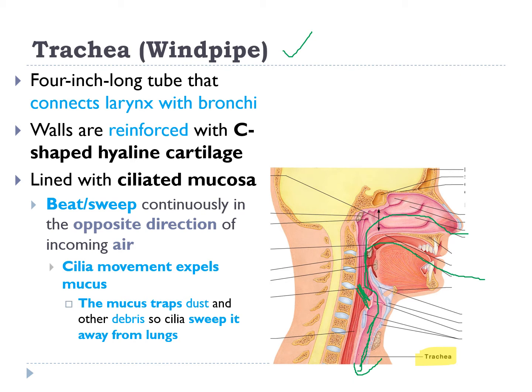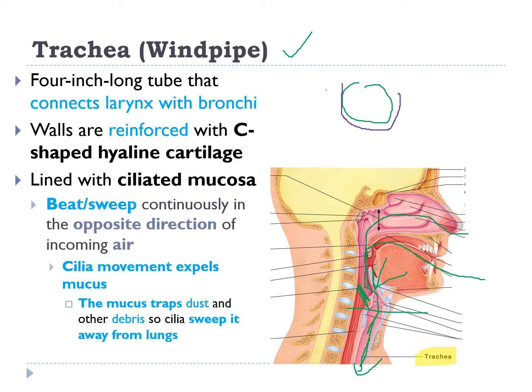So a cool thing about the trachea is that the walls of the trachea are reinforced with C-shaped hyaline cartilage. Okay, we'll talk about that more in the next slide, what that means. But basically, if we cut the trachea and look at it from the top, you'll see that 3/4 of the trachea is actually lined by cartilage, right?